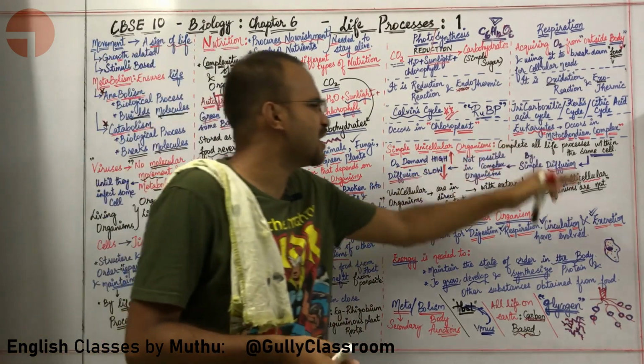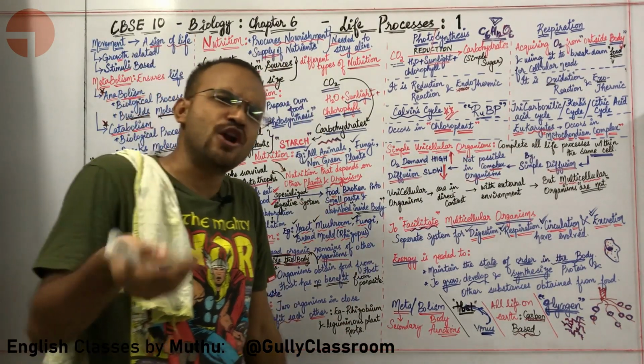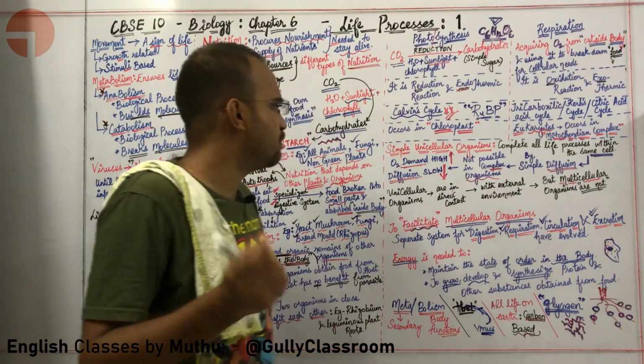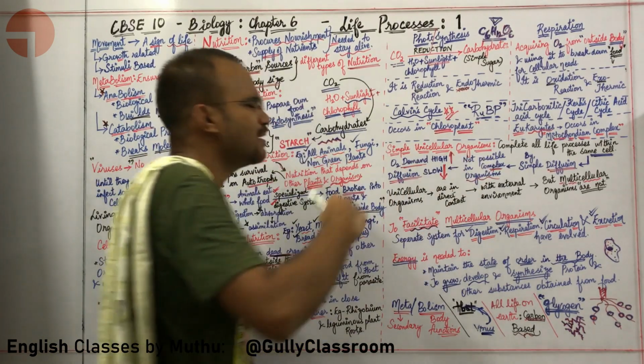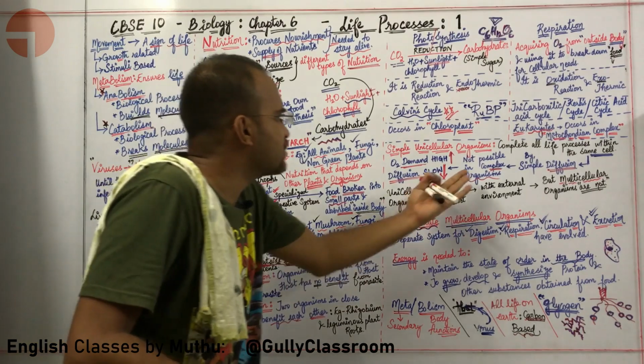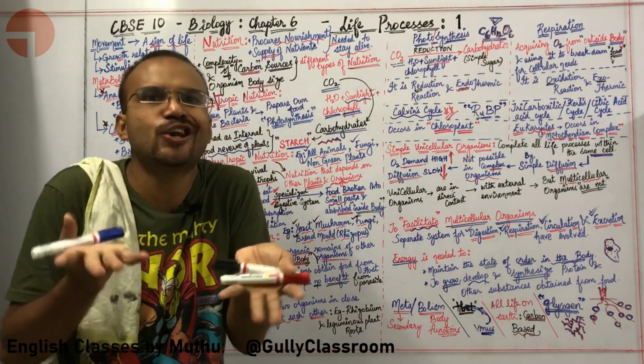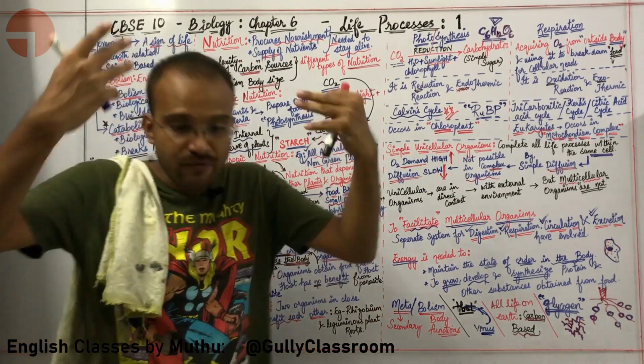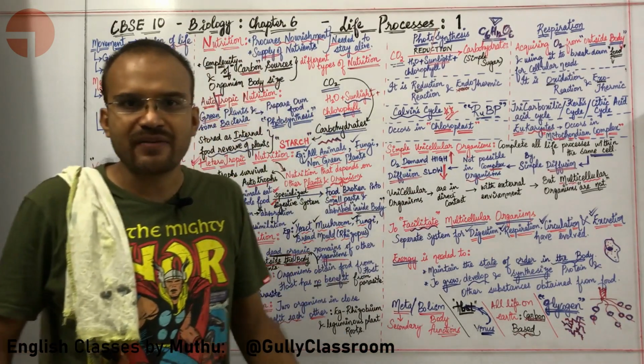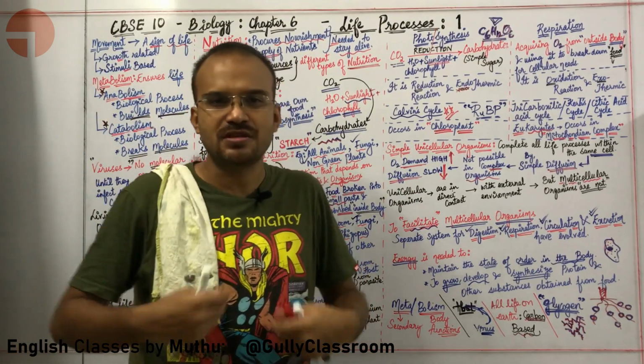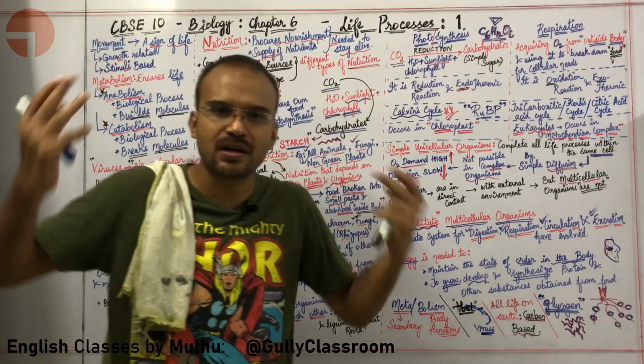In a single cell organism, all the life processes can obviously be done by diffusion, but it is not possible in a complex organism. Why, sir? A complex organism like human beings needs a lot of oxygen. We have so many working systems. I have a respiratory system, a digestive system, an excretory system, a complete nervous system.